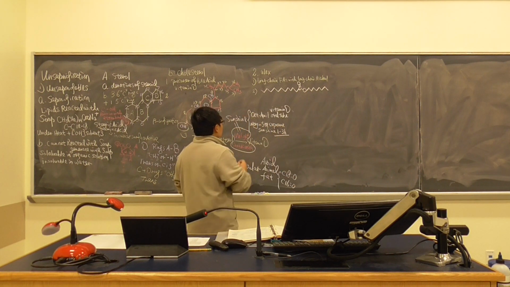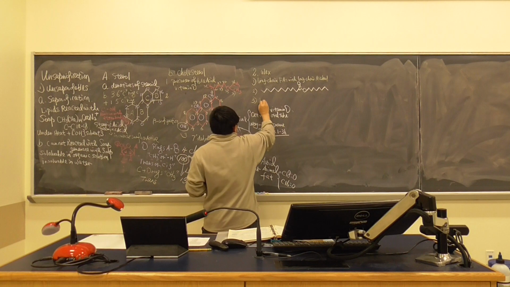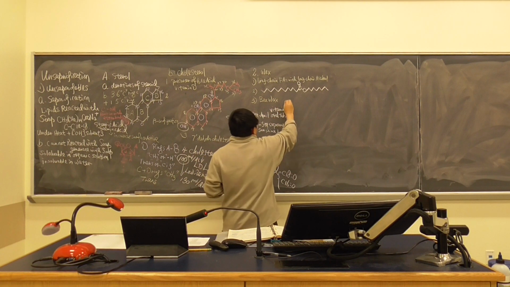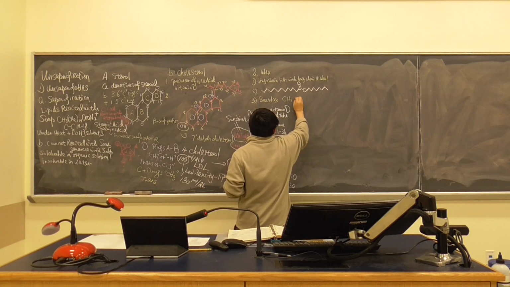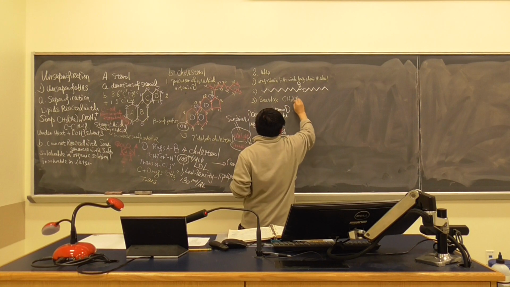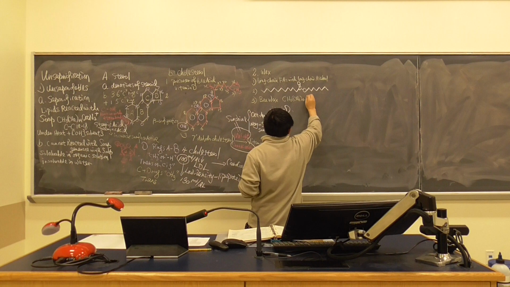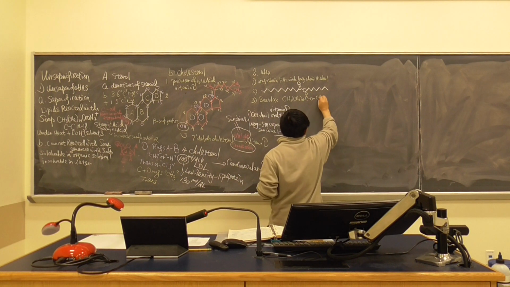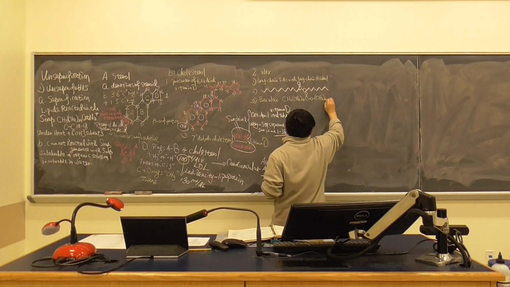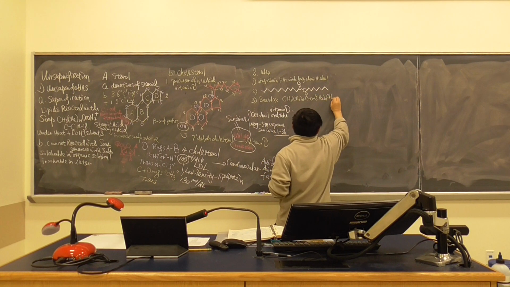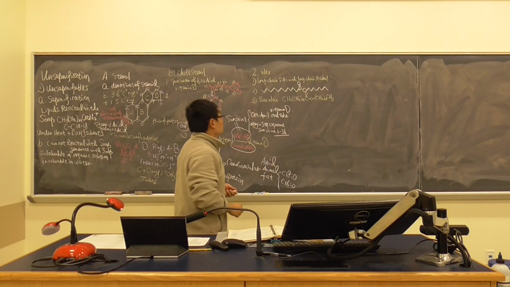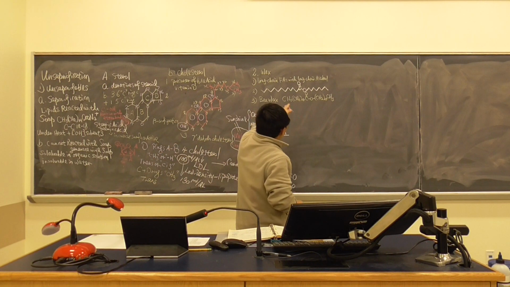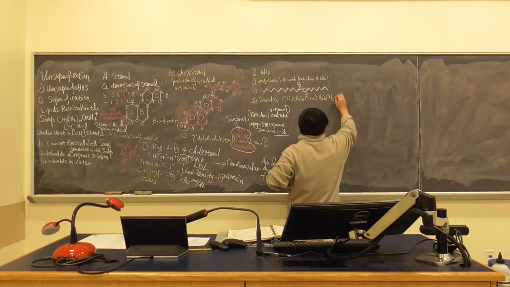Just to give you an example, if it's beeswax, it looks like CH3, CH2 times 24, carbonyl group O, then CH2 times 29, and then CH3. So that's the structure. We call this a wax ester.